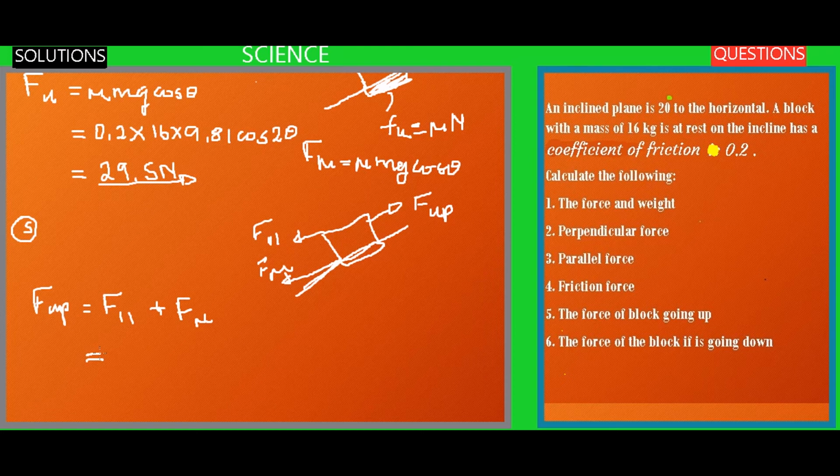So the force parallel to the object always acts in one direction, when we check. So let's finish this upwards force. We'll put two of them, the friction force and the parallel force.